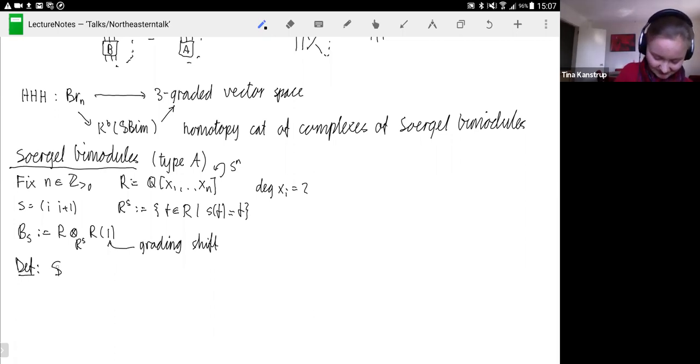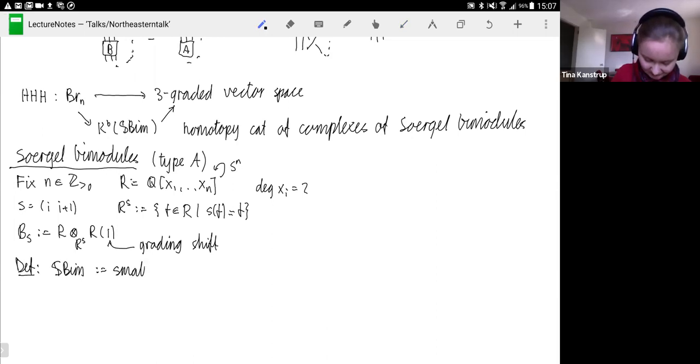Okay, so the category of Soergel bimodules is the smallest full subcategory of graded R-bimodules that contains R and this simple Soergel bimodule, and closed under the appropriate operations.